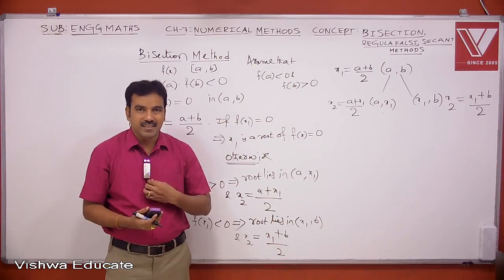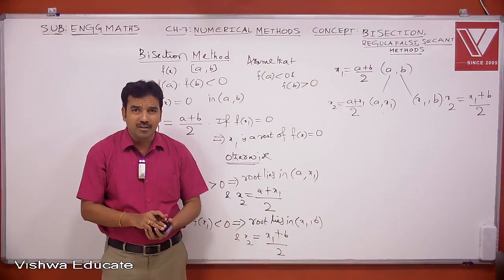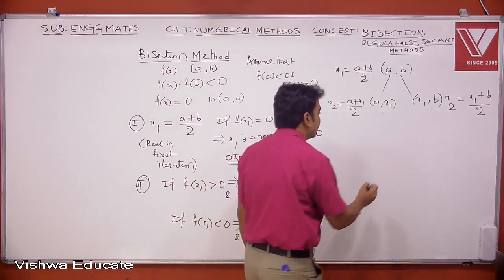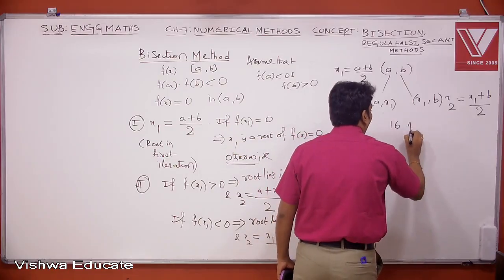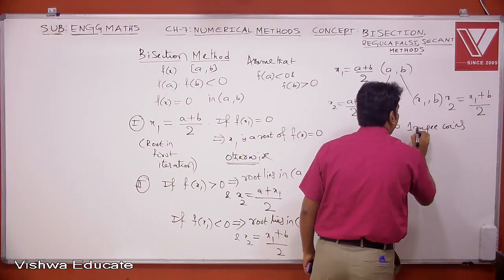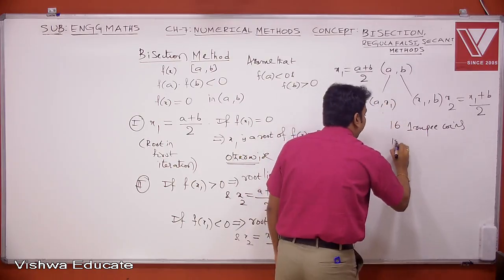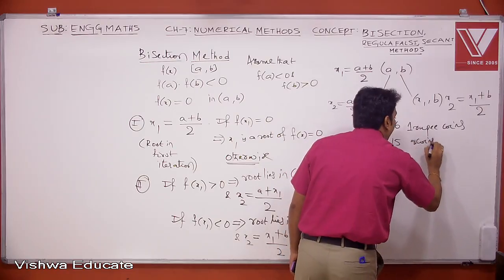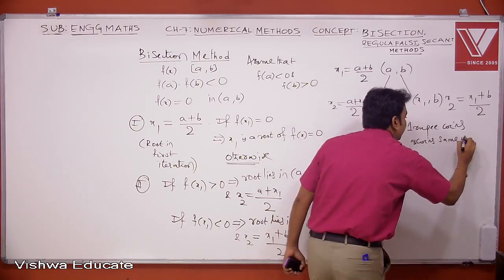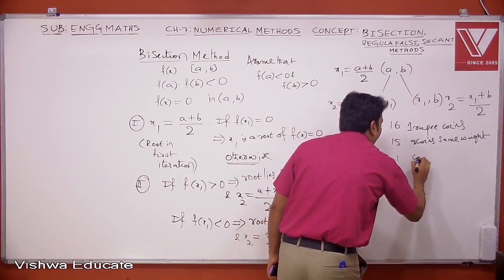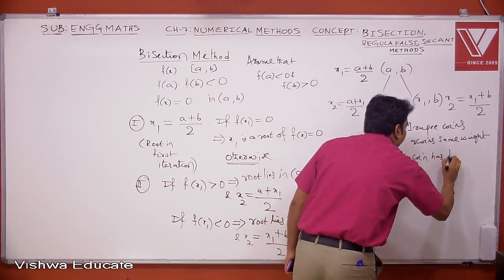See, this is exactly similar to one general problem. Suppose I have 16 one rupee coins. Assume that 15 one rupee coins have the same weight, and one coin has a different weight.